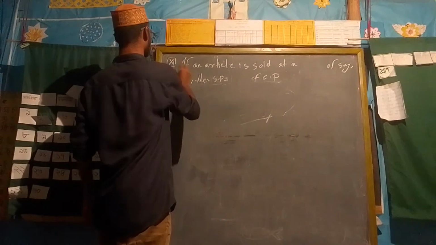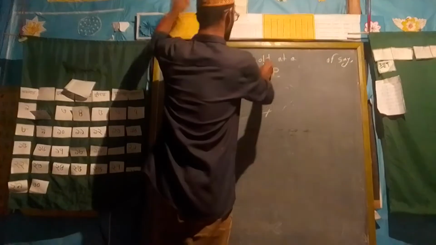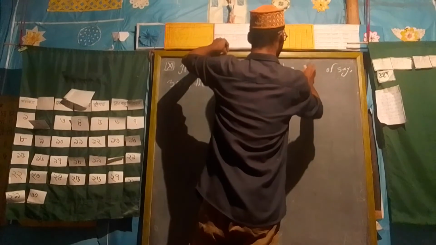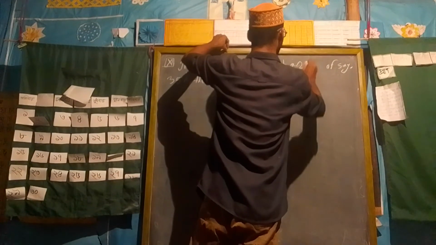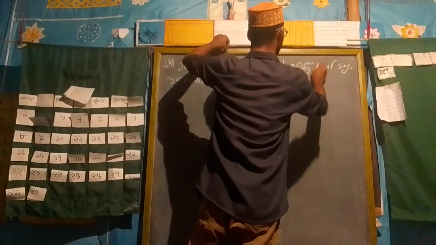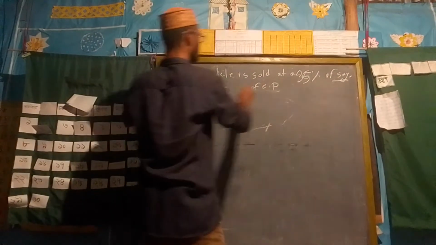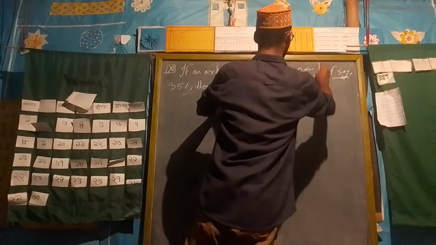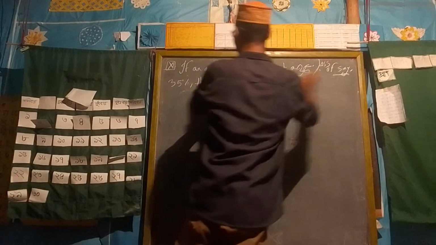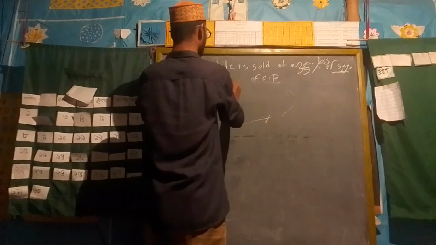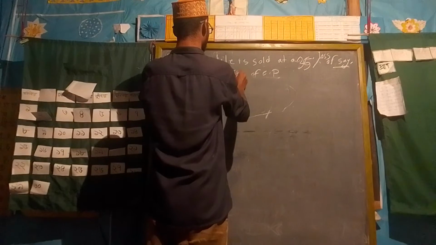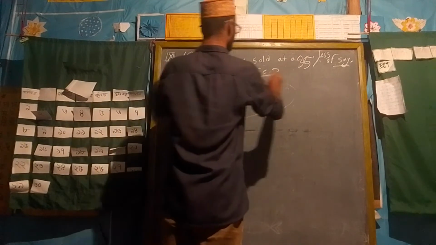Example number 11. If an article is sold at a loss of, for example, 35%, then the selling price will be 65% of the cost price.